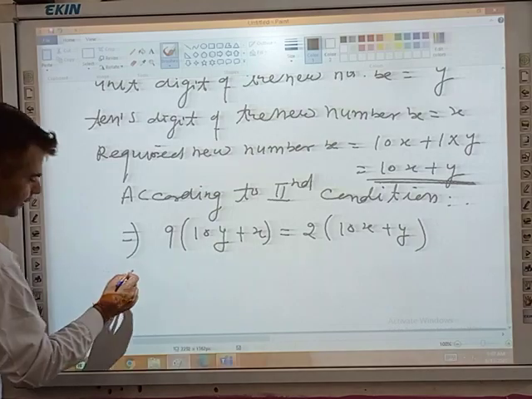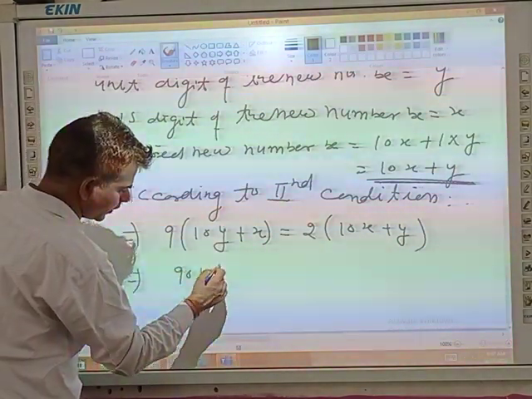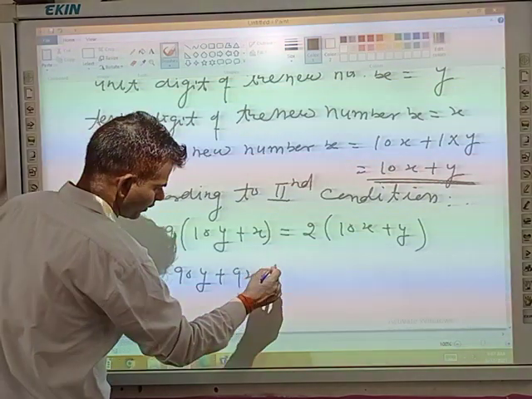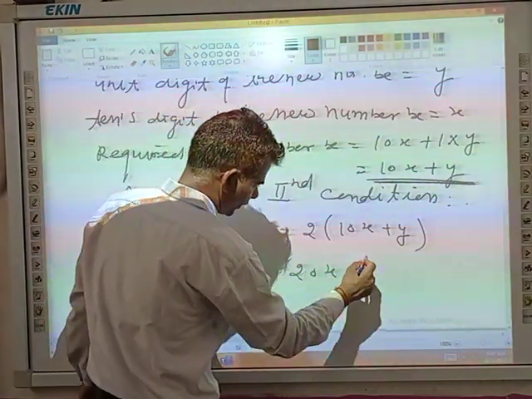Now students, multiply it. 90y plus 9x equals 20x plus 2y.